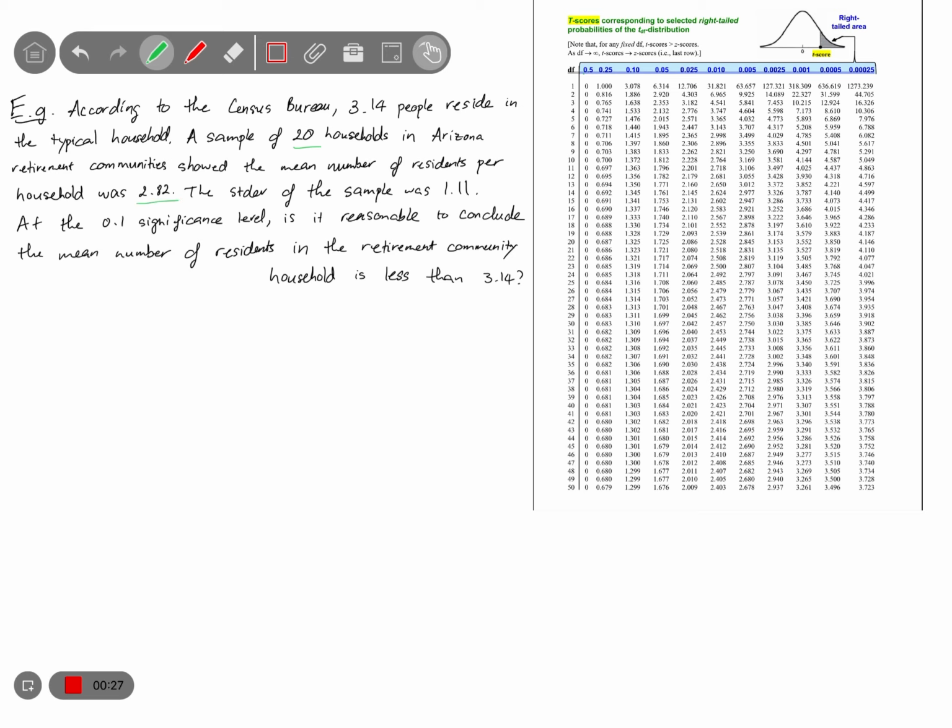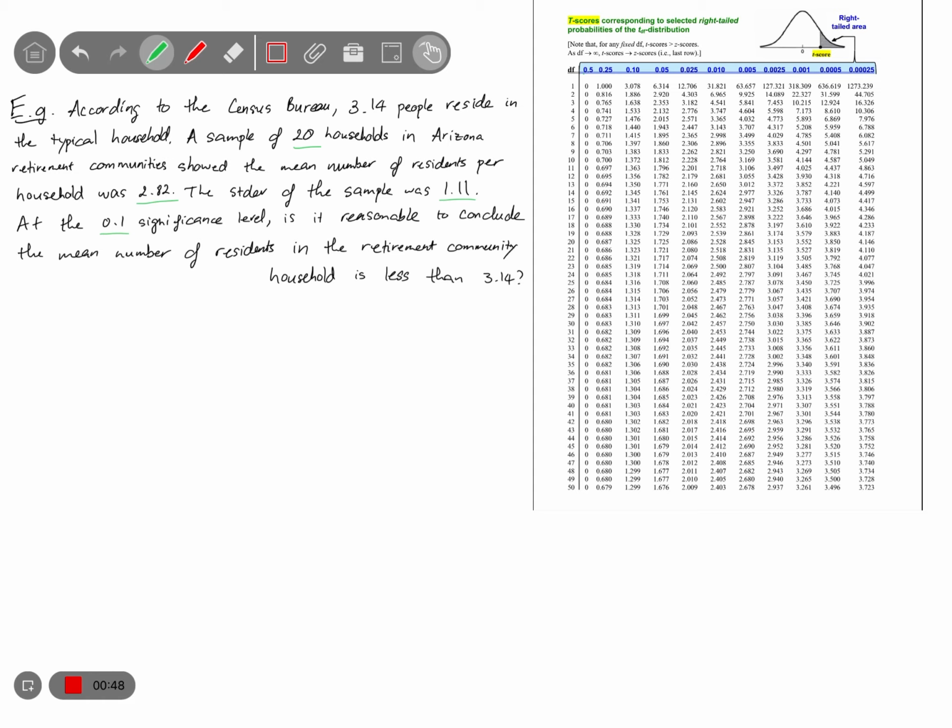The standard deviation of the sample was 1.11. At the 10% or 0.1 significance level, is it reasonable to conclude that the mean number of residents in the retirement community household is less than 3.14?